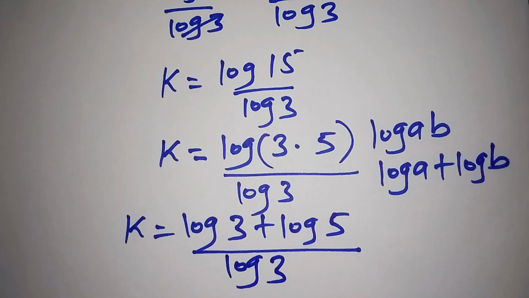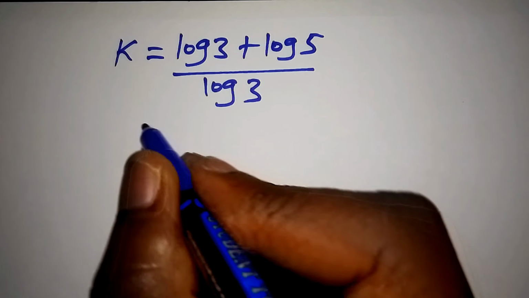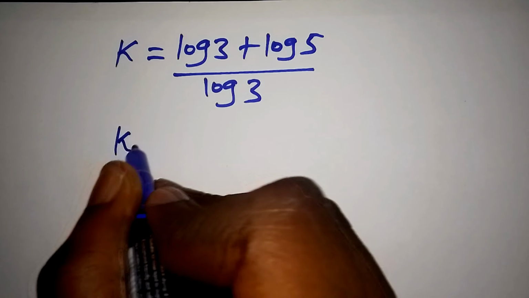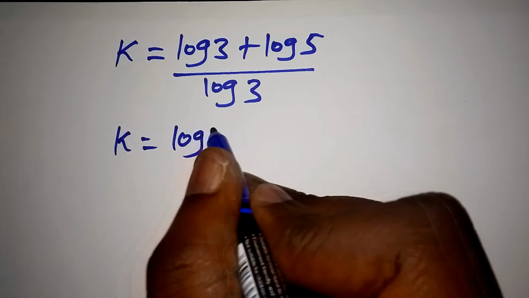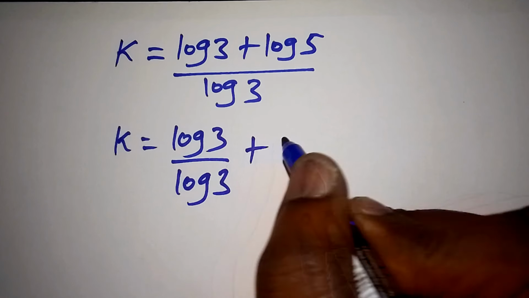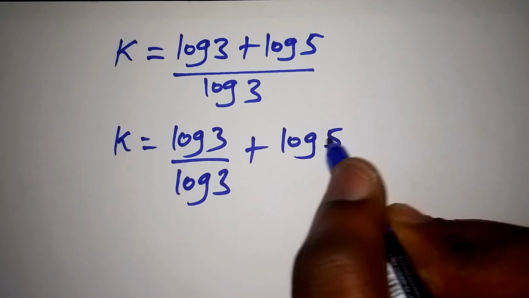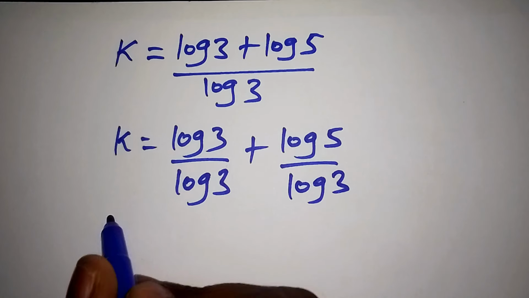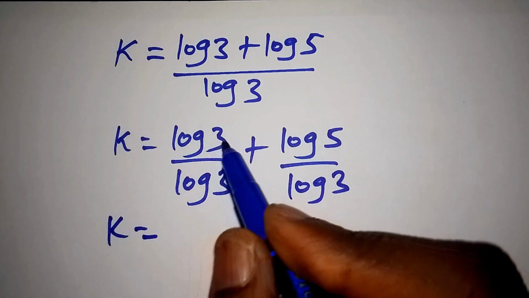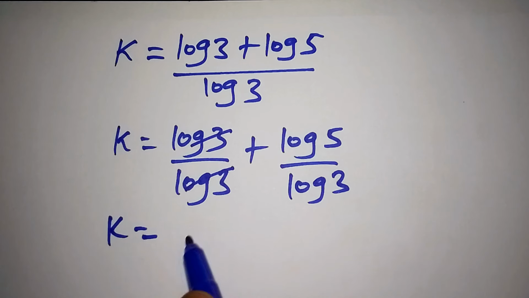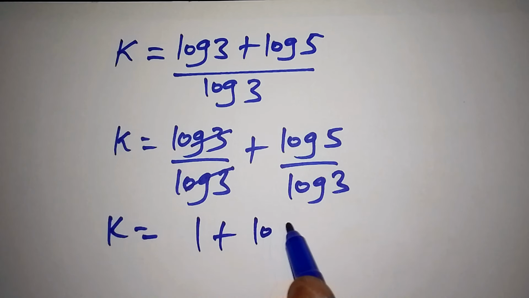Next we divide each term by the log of 3. So k equals log 3 over log 3 plus log 5 over log 3. Let's cancel the ones that cancel. Log 3 by log 3 is 1, plus the log of 5 over the log of 3.